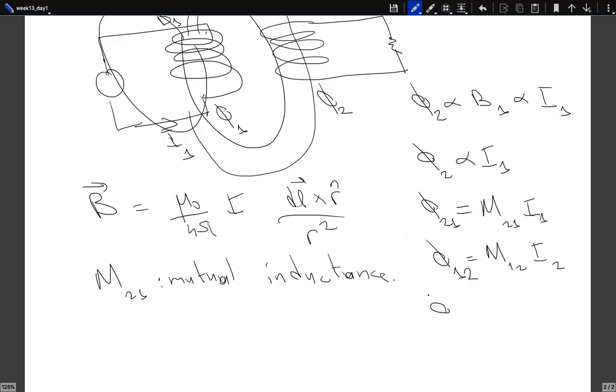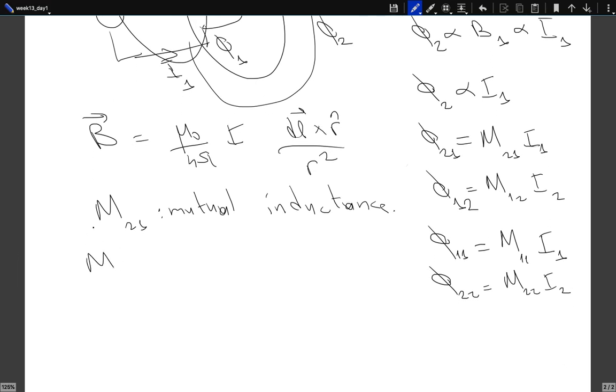And as your friend pointed out, we can even define phi 11 as M11 times I1. This is the flux created in the first coil due to the current in the first coil. It will be proportional to the current in the first coil. And if you like, we can also define phi 22. This is the flux created in the second coil due to the current in the second coil.